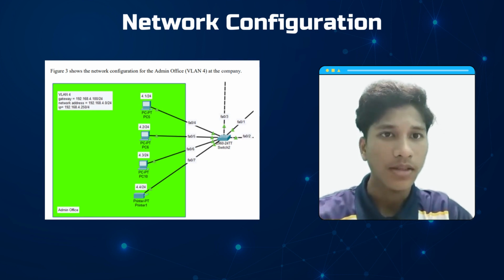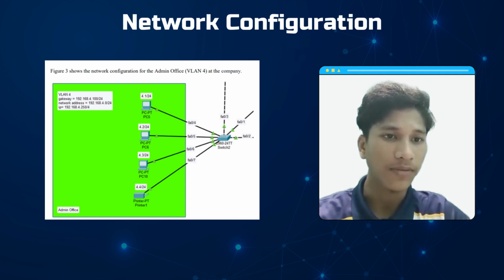For figure 3, it shows the network configuration for the admin office, VLAN 4 at the company. By referring to figure 3, the admin office is using VLAN 4, which consists of 3 PCs and a single printer, which were named PC5, PC6, PC10, and Printer 1 respectively.